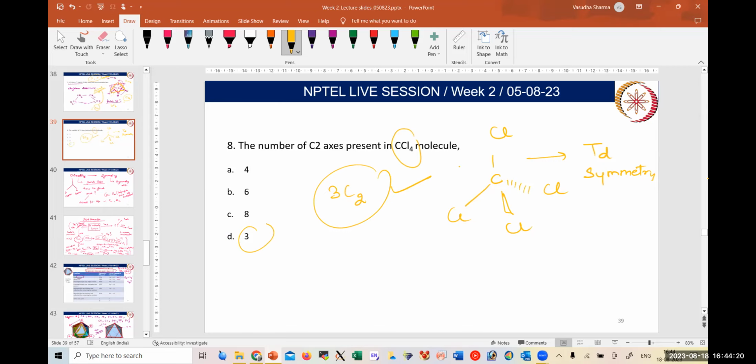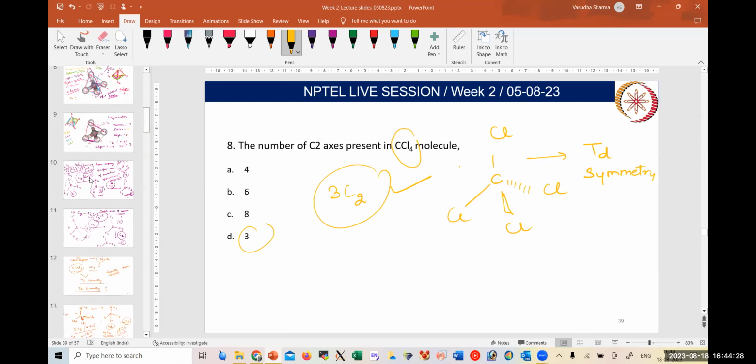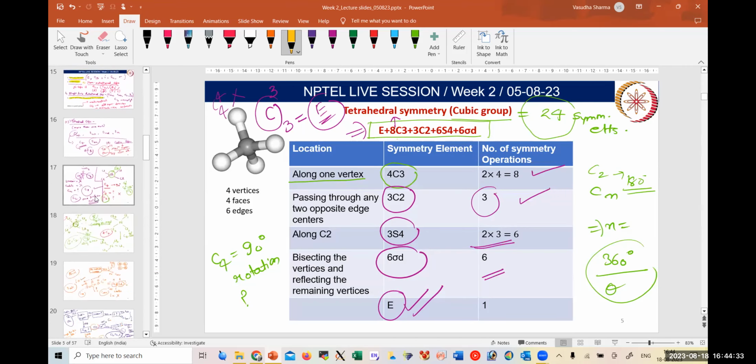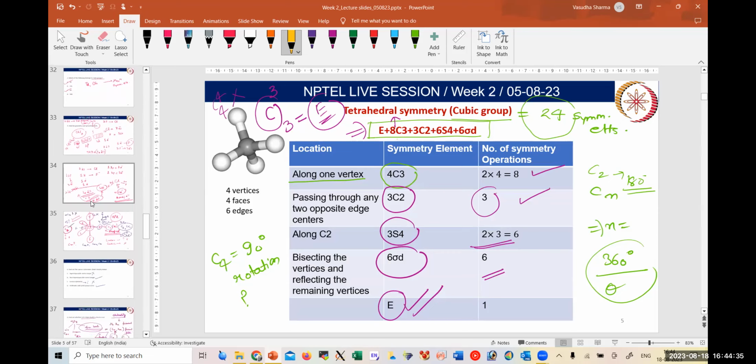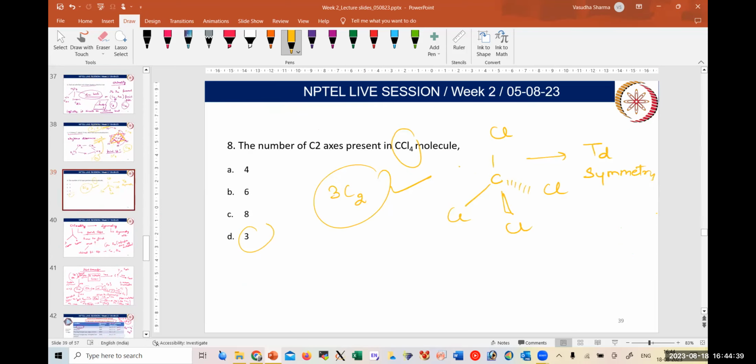Here we have four vertices, four faces, and 6 edges, which are connecting these.